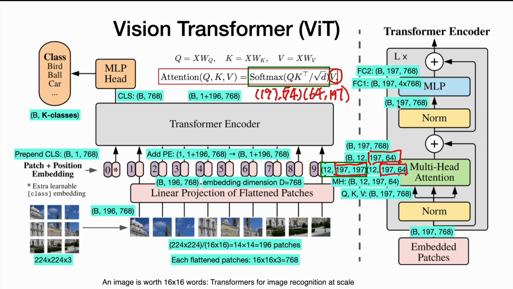We feed it into a multi-layer perceptron, which contains two fully connected layers. The first layer up-projects the feature dimension by 4 times. Then the second fully connected layer projects back to the same input feature dimension. So this is a transformer encoder.